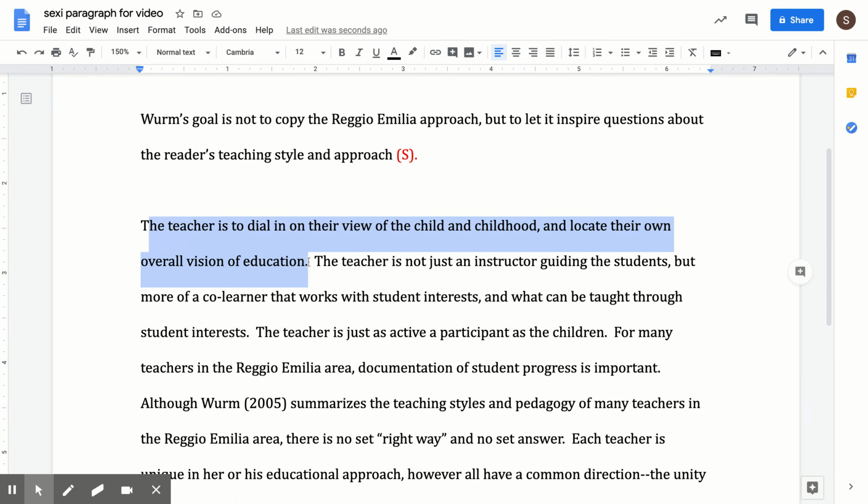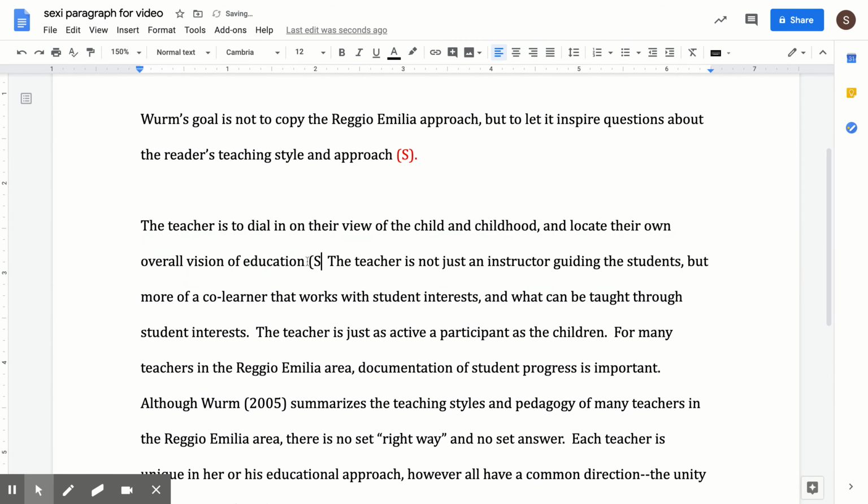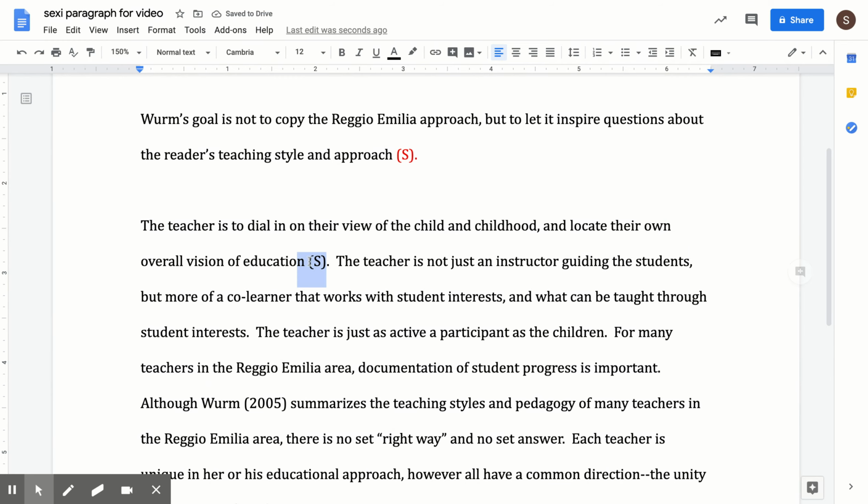This feels more like a sentence that is asking us to think how we as the reader are meant to interact with the book, right? That's what the author is inviting us to do. That's actually another statement, right? That's another new idea. So we're going to change that to S and keep going.